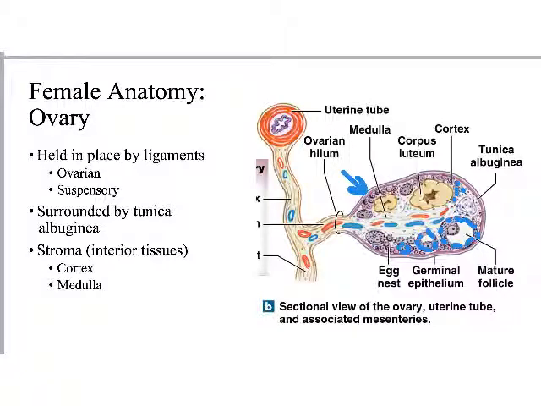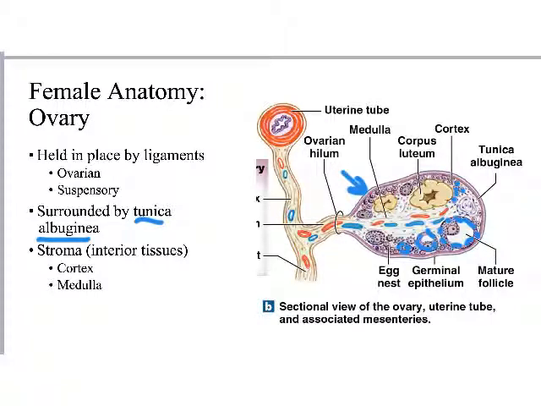The ovaries themselves, we talked about, are held both to the fallopian tube above and to the uterus medially by different ligaments. The ovary is also surrounded by a tunica albuginea, just like the testes were.